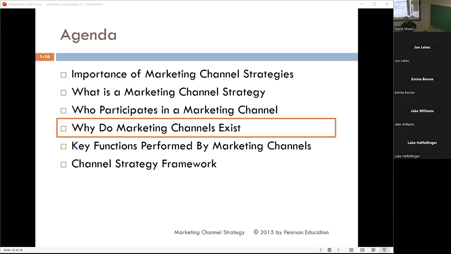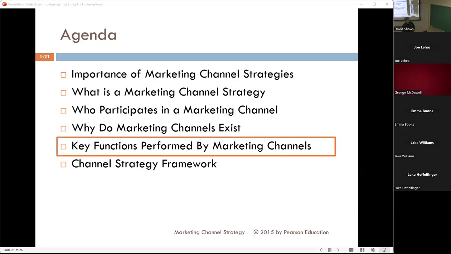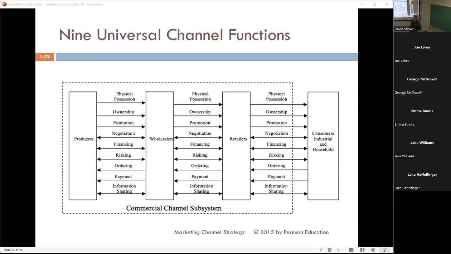Now, if you think that it is only just the good that moves through the pipeline, no, there are more than those. As a matter of fact, there are 9 key functions, and without further ado, here they are. Now, think of this as the channel structure, all right, from beginning to end.